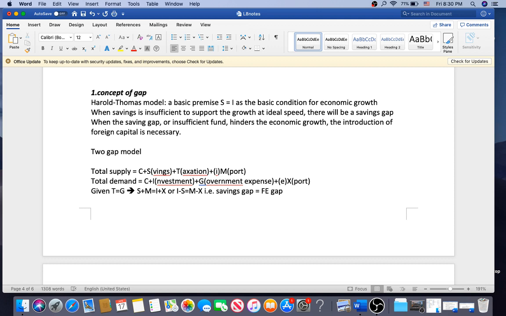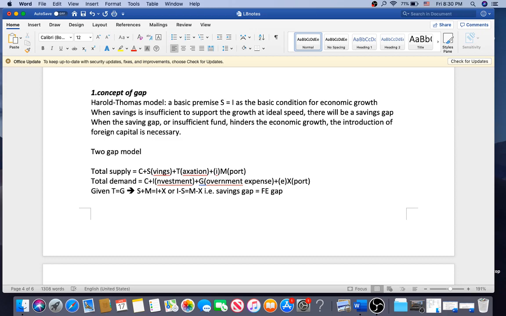When the savings is insufficient to support the growth at the ideal speed, the gap, or another name, insufficient funds, will hinder the economic growth.